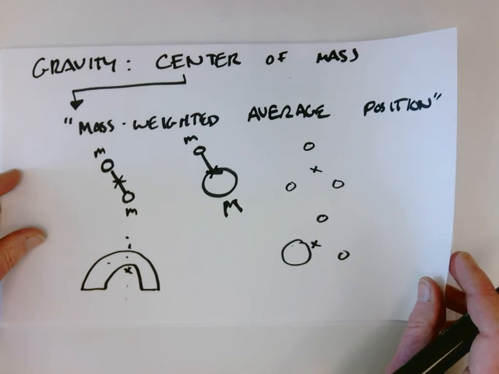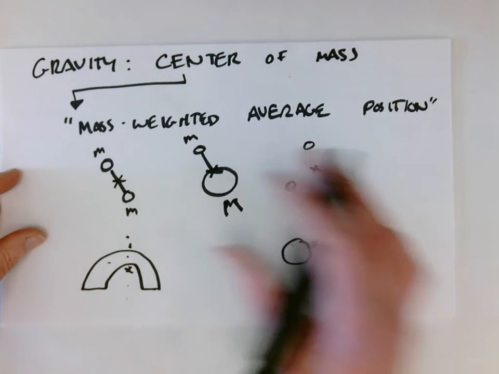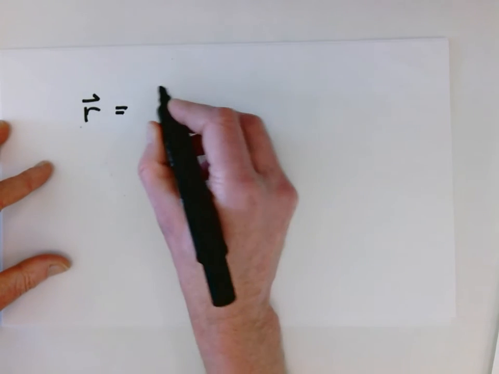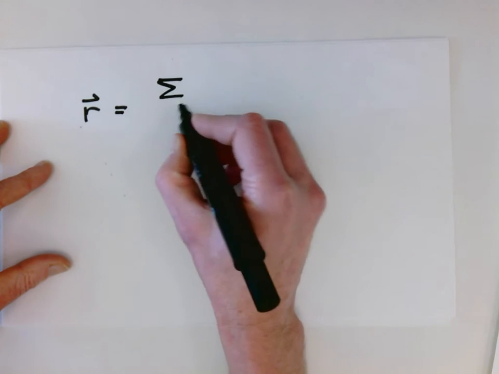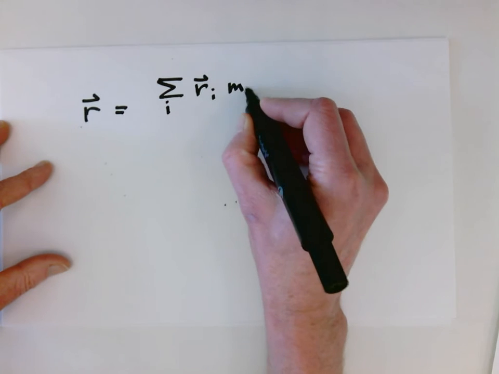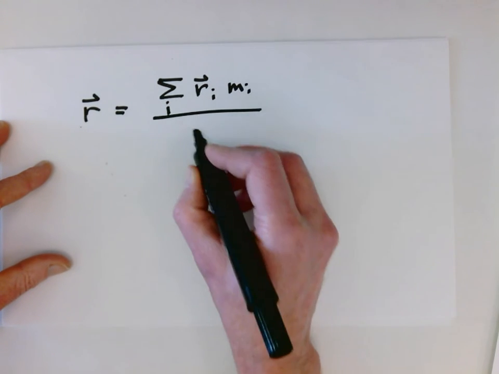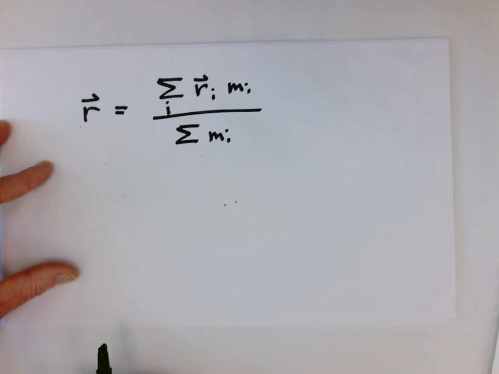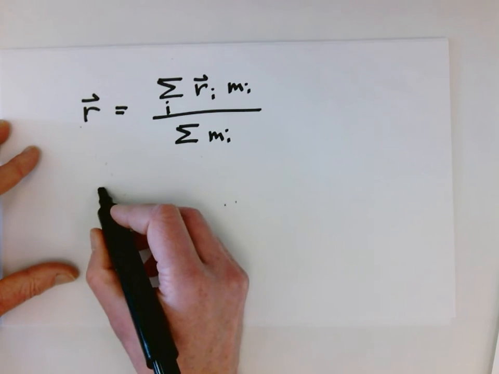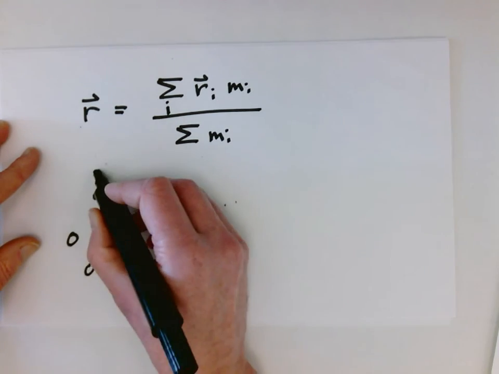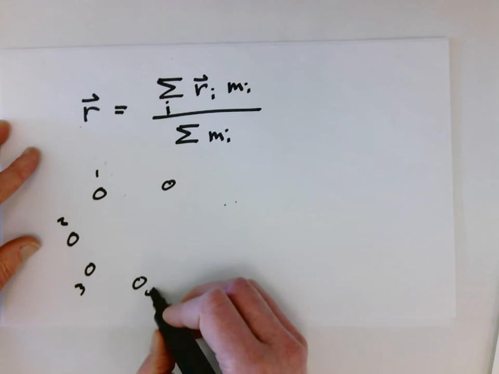So let's go on to talk about how we do the math. This is the concept, the mass-weighted average. Mathematically, for a system of particles, we find the center of mass by adding up the position of each particle times the mass of each particle, and then dividing by the total mass of the system. Conceptually, I've got this system with some number of particles in it, particle number 1, 2, 3, 4, 5.